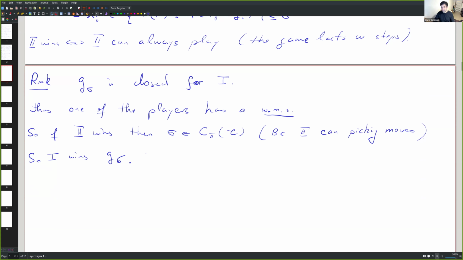So it's a closed game, and closed games, remember, you win by playing non-losing moves. So let rho sigma be the winning multi-strategy.